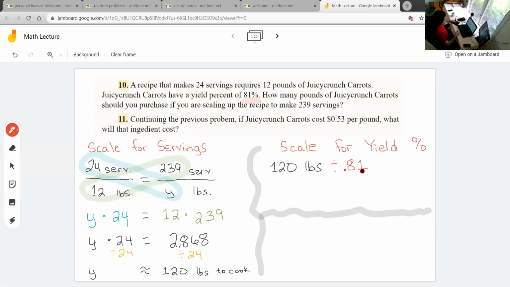That's the direction of from the scale at the store to the pot. When we're going the other direction, then we need to divide to make it bigger. So 120 divided by 0.81. So we need to actually shop for more like 148 pounds.